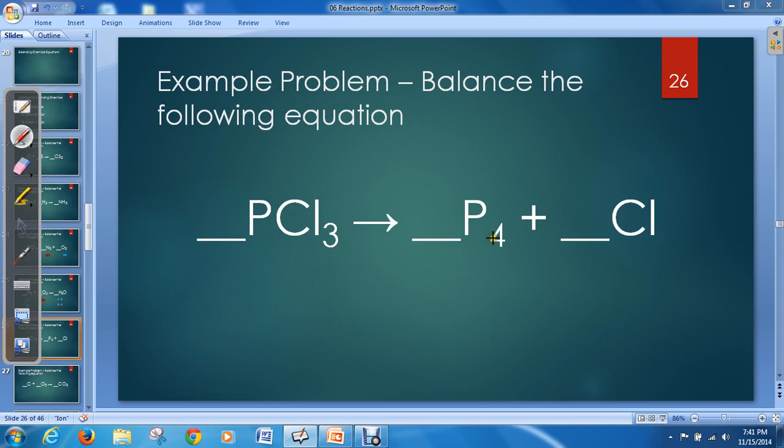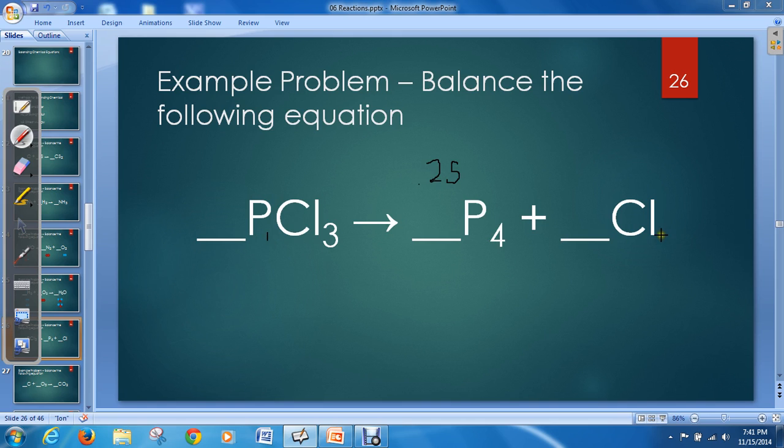So I have P4 over here, but I only have one P over here. What do I need to multiply 4 by to give me this hidden 1 that's right here? Well, I need to multiply 4 by 0.25, or 1/4. That's what I multiply 4 by to get 1.